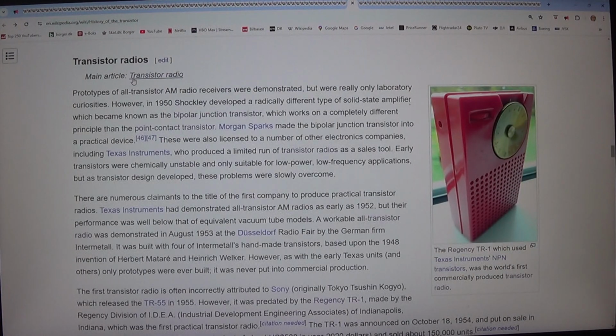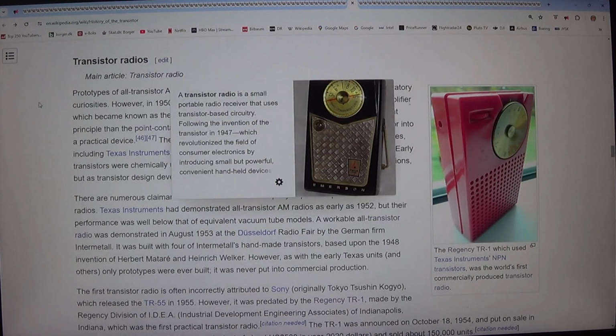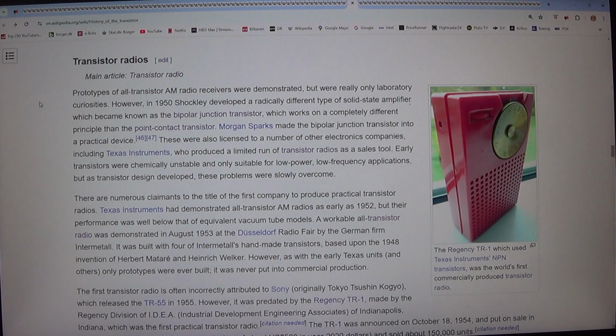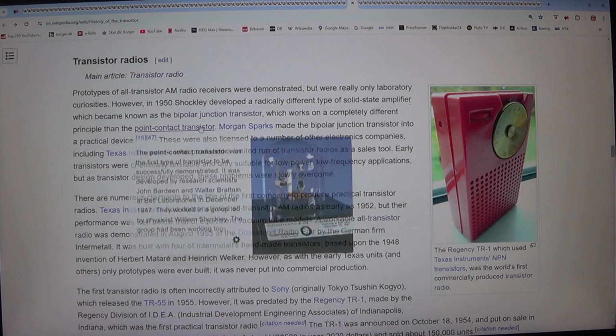Transistor radios. Main article: Transistor radio. Prototypes of all-transistor radio receivers were demonstrated, but were really only laboratory curiosities. However, in 1950 Shockley developed a radically different type of solid-state amplifier which became known as the bipolar junction transistor, which works on a completely different principle than the point-contact transistor.